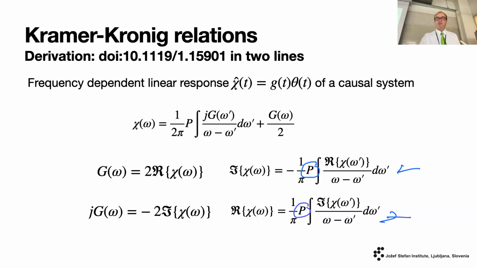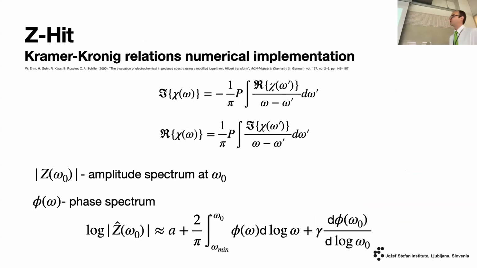There is, however, one final trick up our sleeves that is called Z-hit. Whenever you do a nice calculation with your device, Biologic or Zahner or whatever, this procedure kicks in. Z-hit is actually short for Zahner-Hilbert transform.